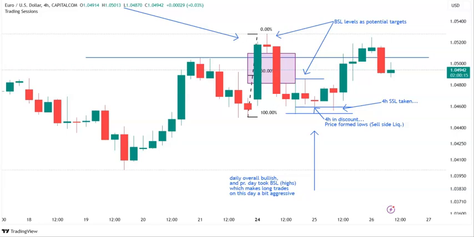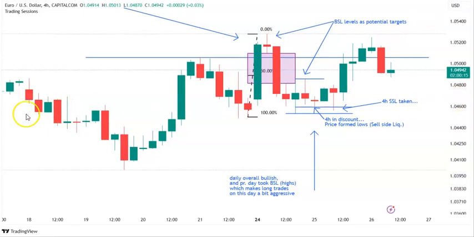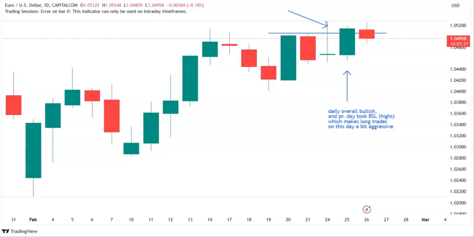Once we saw price taking out these 4-hourly lows here and almost taking out also levels of sell side liquidity down there, we started looking for potential opportunities on the lower time frames.